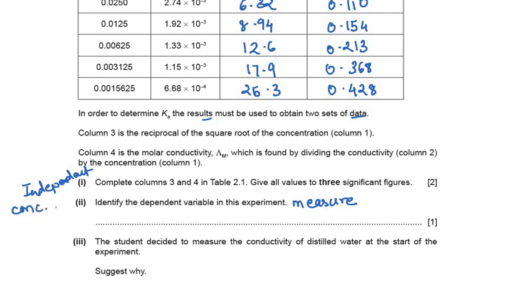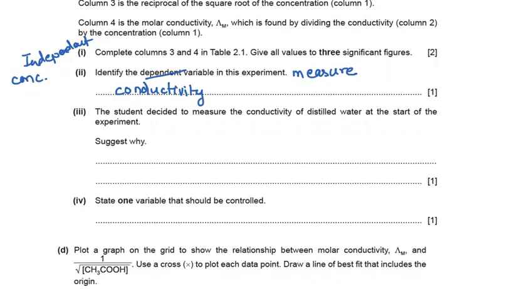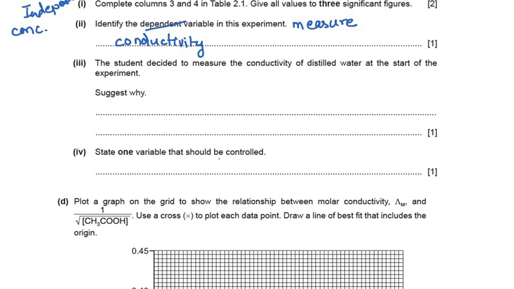So the independent variable is the concentration of ethanoic acid, and the dependent variable is the conductivity here, because by changing the concentration we are measuring the conductivity. So remember, whatever we change is the independent variable and whatever we measure is the dependent variable. So here we are measuring conductivity, and so conductivity is the dependent variable.